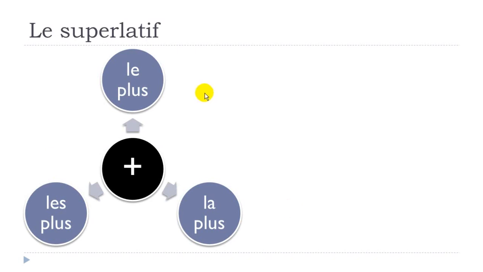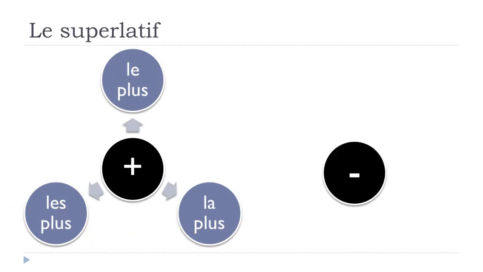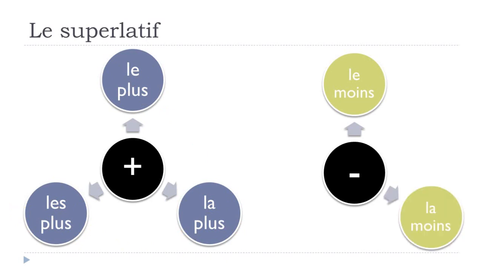Keep in mind that I don't pronounce this final S here, so we get le plus, la plus, les plus. Then if we want to express the least, in French it will be le moins, feminine form la moins, and then the plural form les moins.